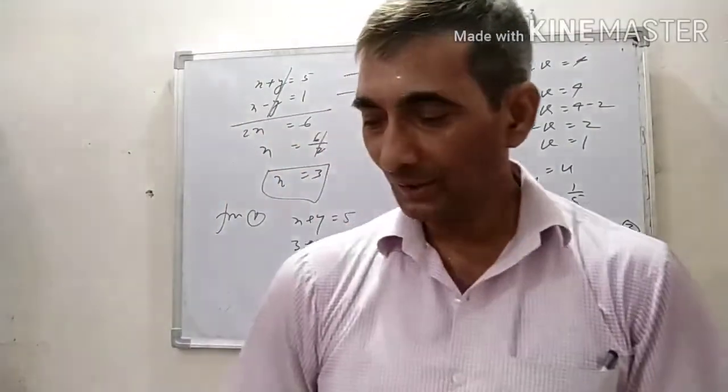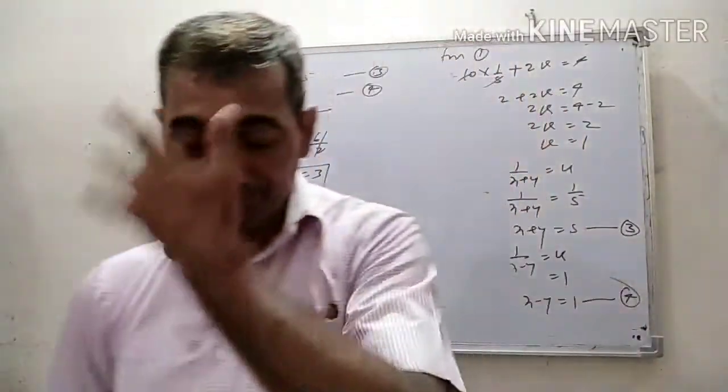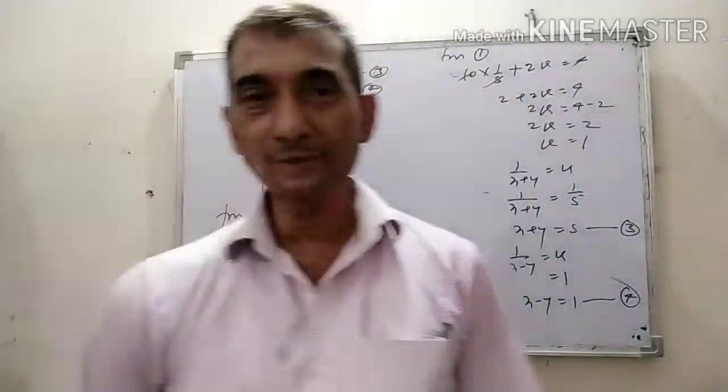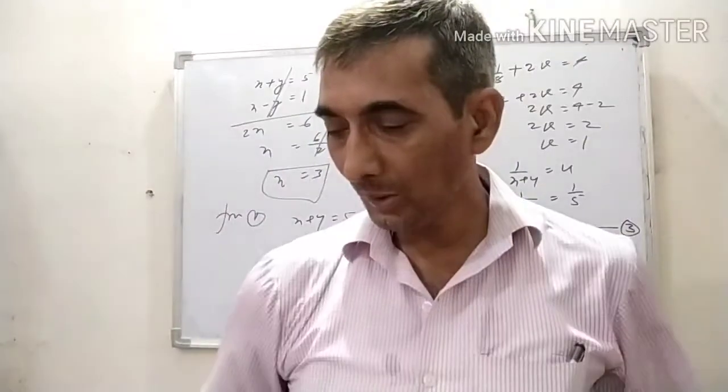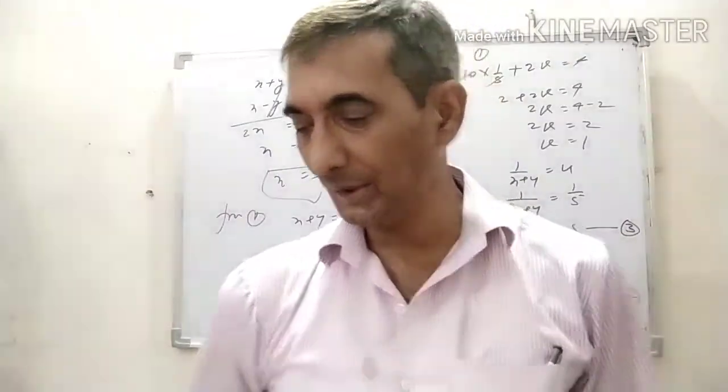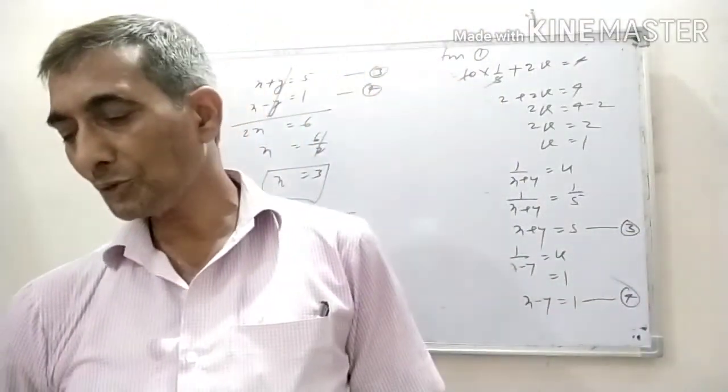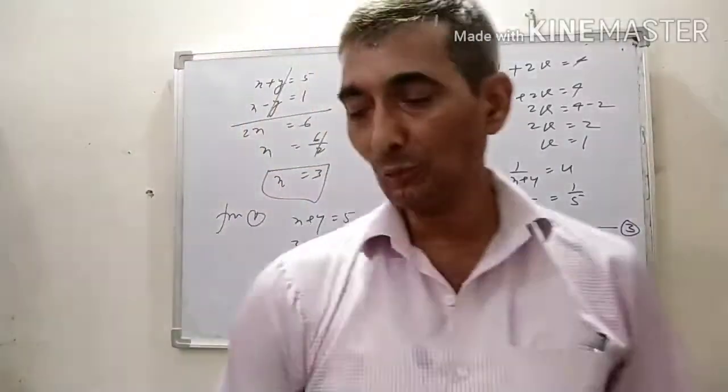I hope that you will try to solve the question, and I stop here today. Homework is all parts of question number 1. There are 8 parts of question number 1.